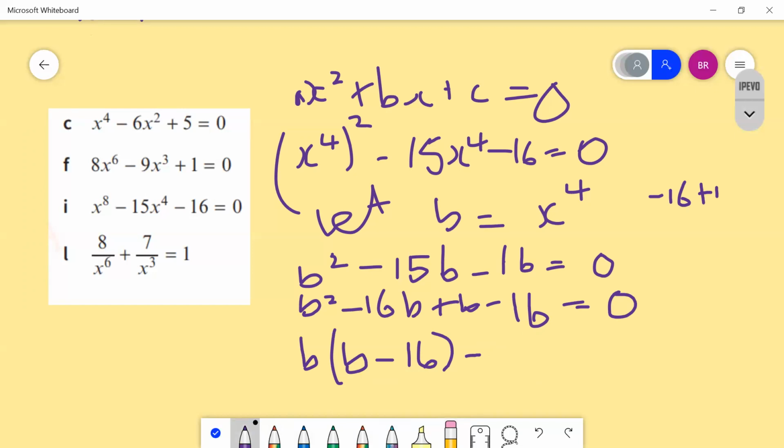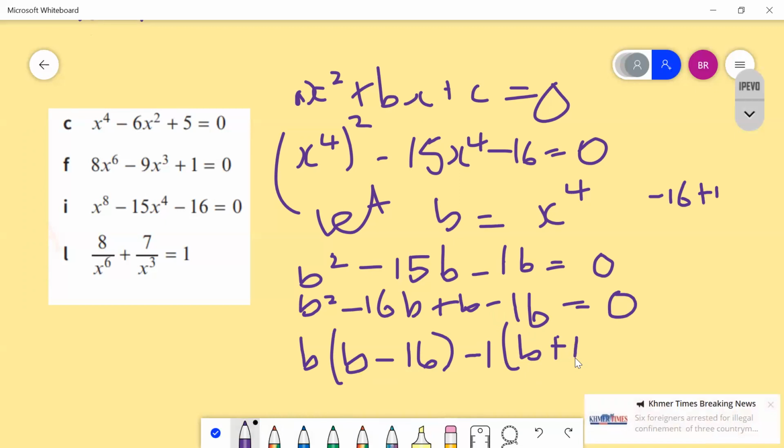So I'm going to say minus 1 outside the brackets, and then I say b plus. If I say plus, I'll get a minus b plus 16, like this. Right, let me see where I went wrong here. b plus 16, it must be plus, yes, plus 16, like this.